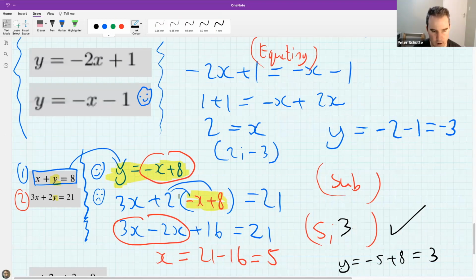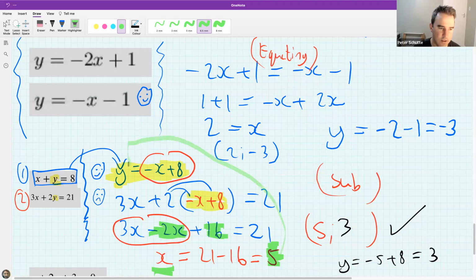Then I multiply out the 2, and when I do that, I get minus 2x and then plus 16. But then 3x minus 2x is just my x, and then the plus 16 on this side becomes minus 16 on this side, and I get the 5. Then once I get that, 5 goes back into this equation here. Minus 5 plus 8 gives me my 3, which is here.